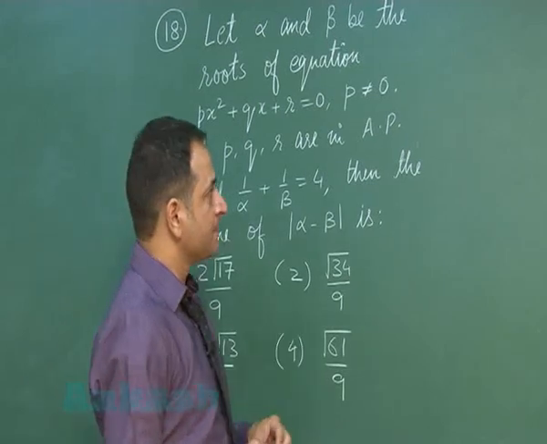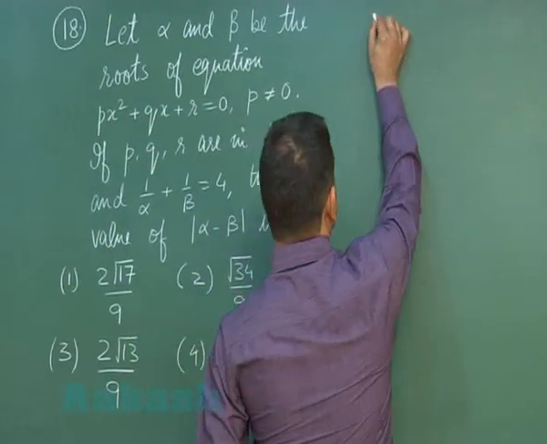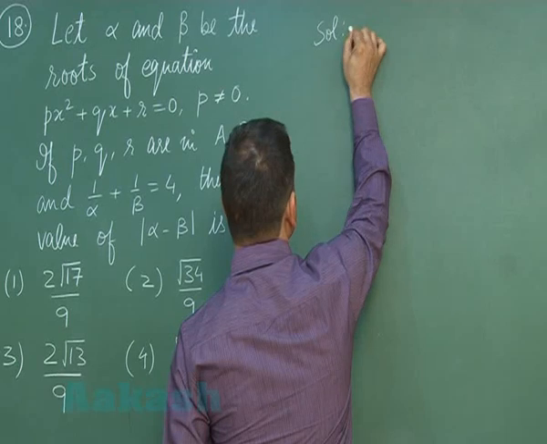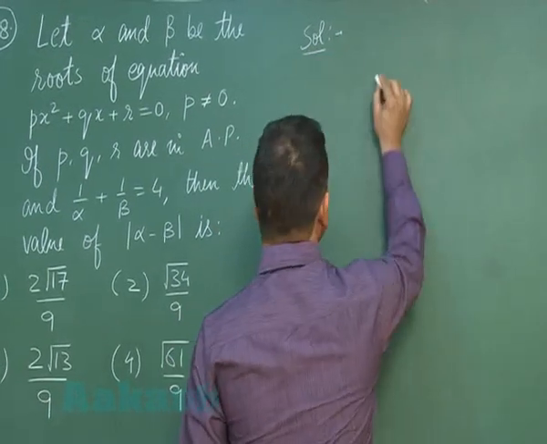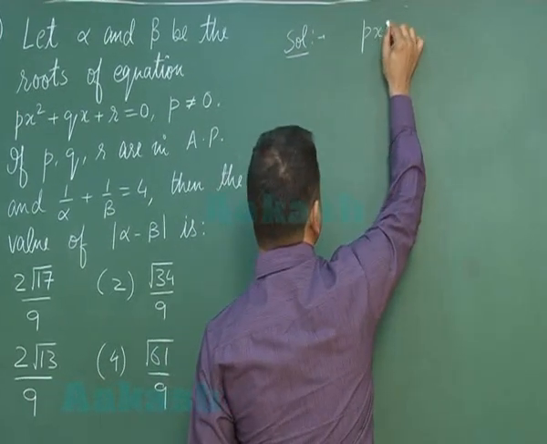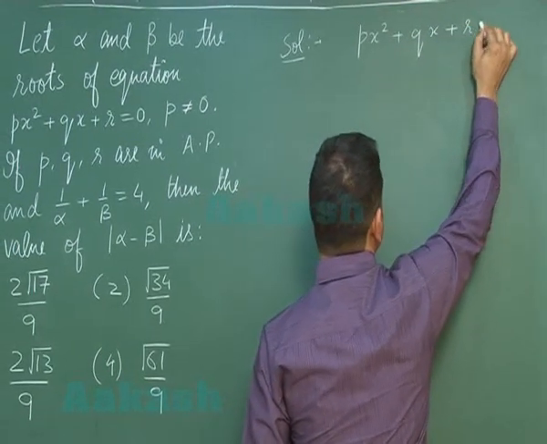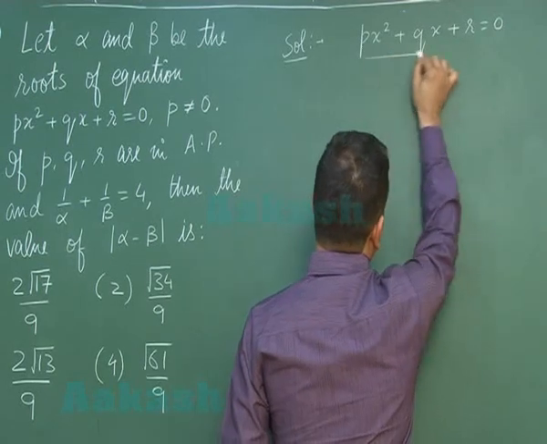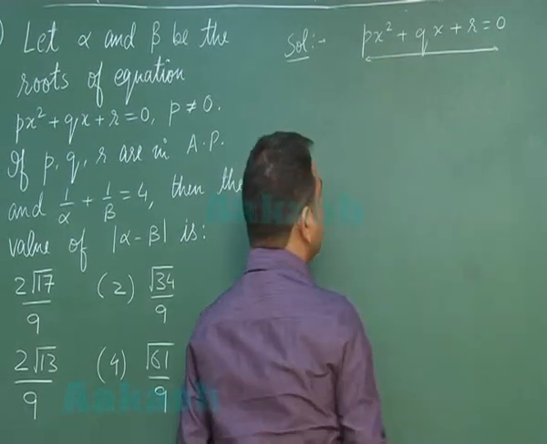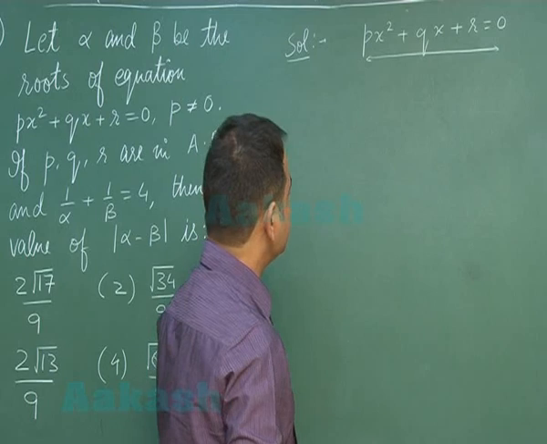Let us see the solution to this problem. Now the equation which is given to us, it is the general equation. Now all the terms are variable, p, q, r, all the coefficients are variable here.